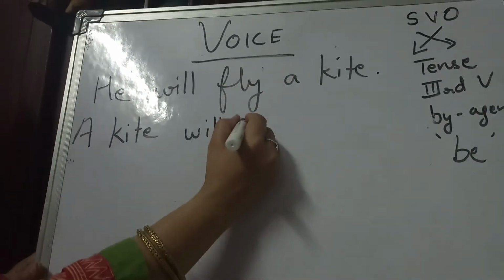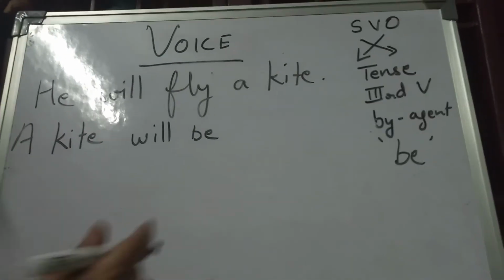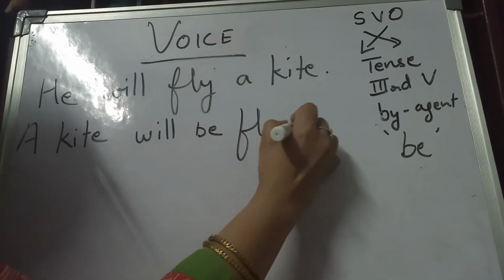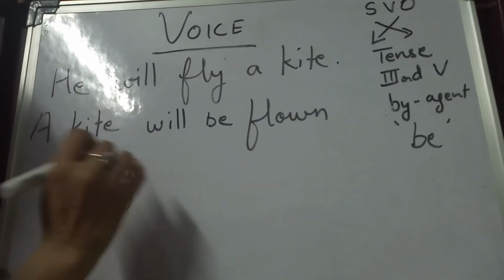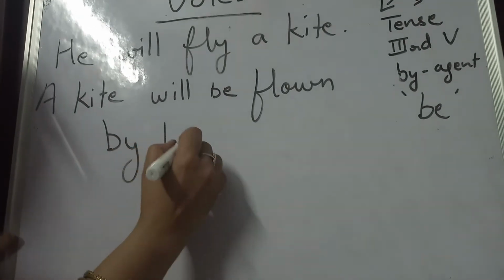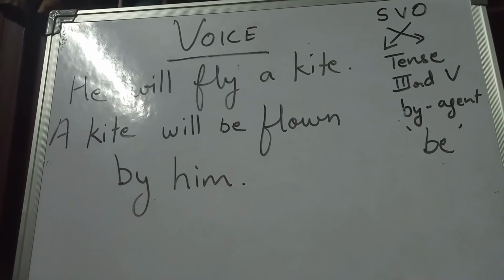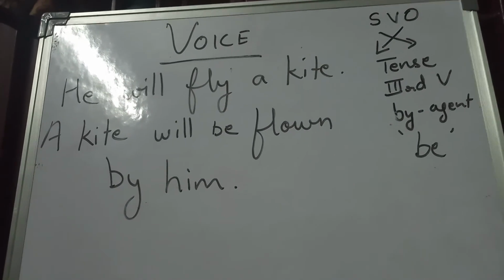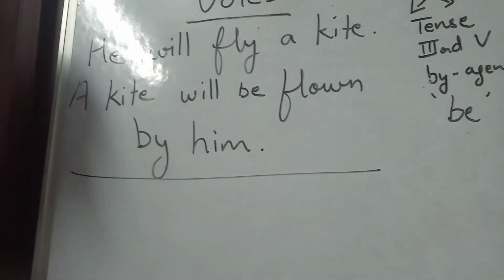And one more rule, we add be out here: will be. Now what will be the third form of fly? That is flown. Agent, by, again. He becomes him. Now I promise you, if you are mugged up with the rules, if you thoroughly know the rules, you will never go wrong. Never means exactly never.